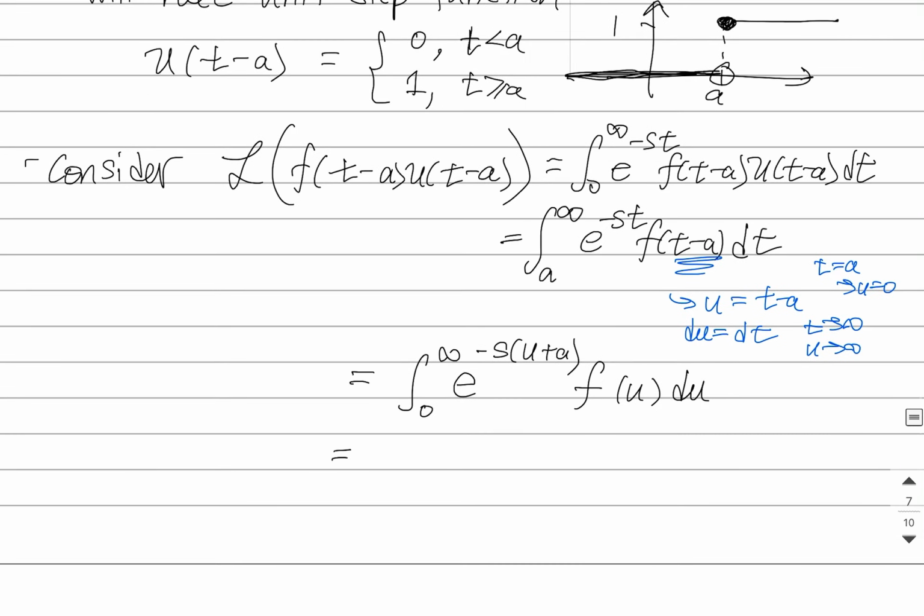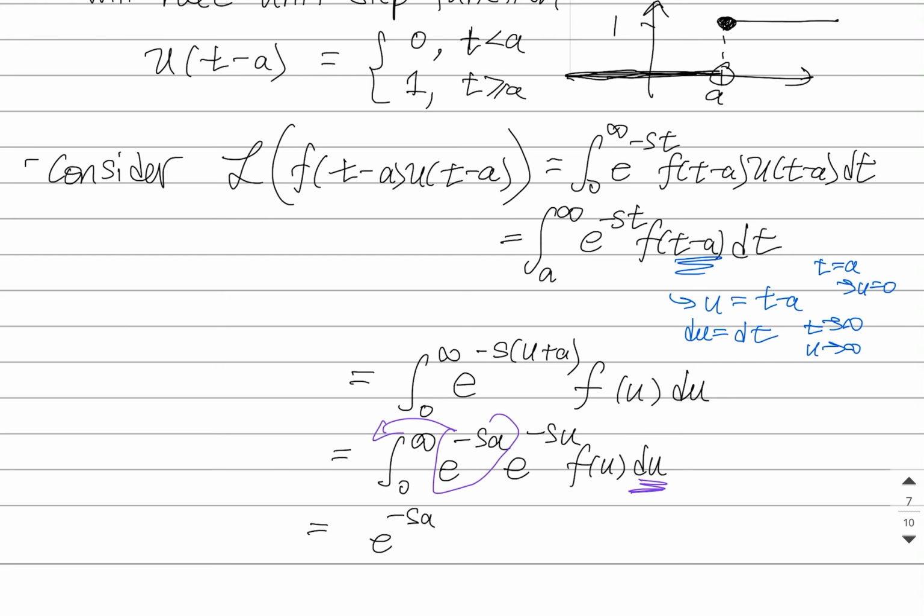That can be split apart: 0 to infinity, e to the minus sa, e to the minus su, f of u du. Here, u is our dummy variable. This term has nothing with a u, so we'll get e to the minus sa, integral 0 to infinity, e to the minus su, f of u du.